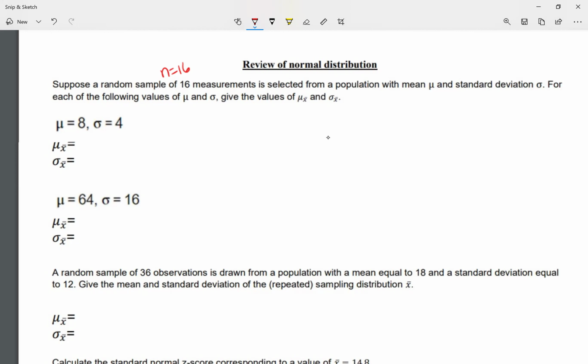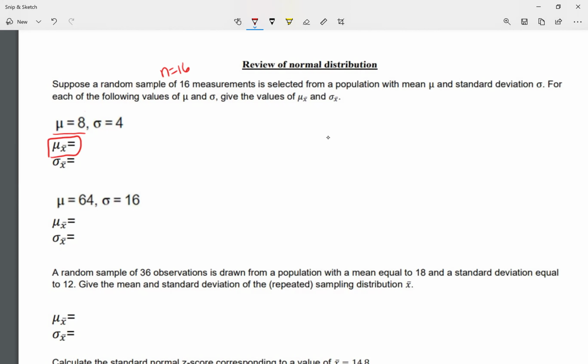The mu of the population is 8. Well, this first example, the mean of the population is 8. Now that's going to help me find the mean of the sample. The mean of the sample is this symbol that we have here, mu of x crossbar.